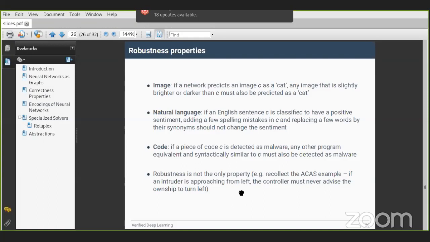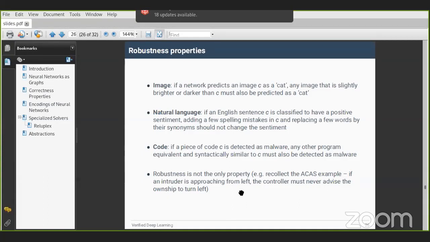It may not exactly be the same, but it is syntactically similar and behaviorally equivalent. Once again, it has to be clear what syntactic similarity means. It has to be stated mathematically, logically, formally, right? But here we are just stating what we mean by robustness properties. We mean that we want to verify properties of this kind.